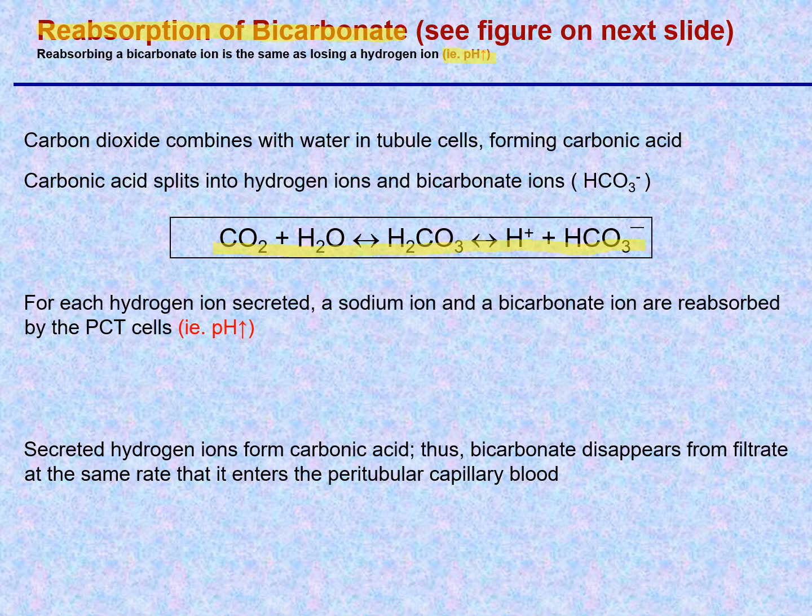This reaction is occurring in the tubular cells, the cells that line the tubule. For each hydrogen ion that gets secreted into the tubular space, a sodium and a bicarb are reabsorbed. And I remind you again, reabsorption of bicarb is the same as losing hydrogen ion, and so the pH rises.